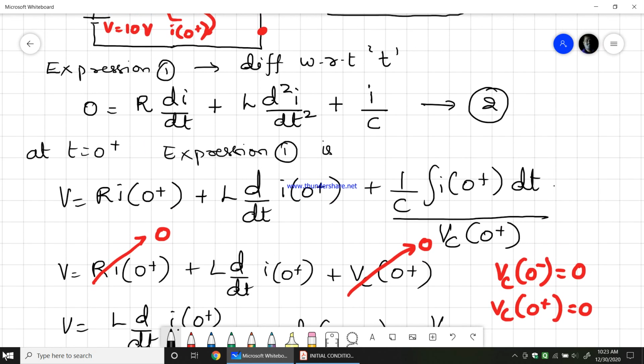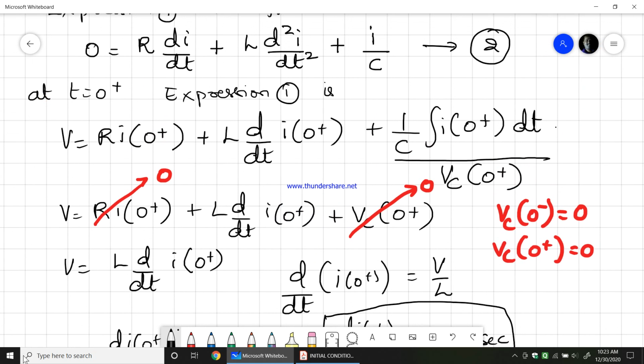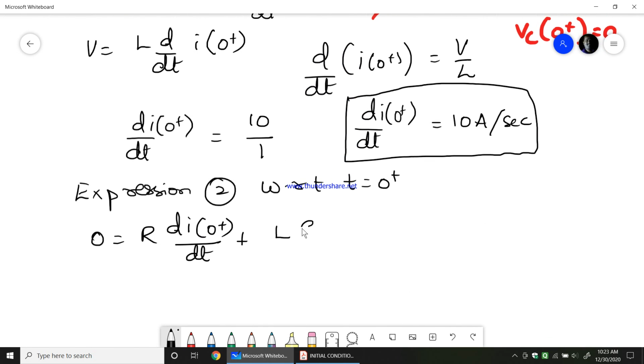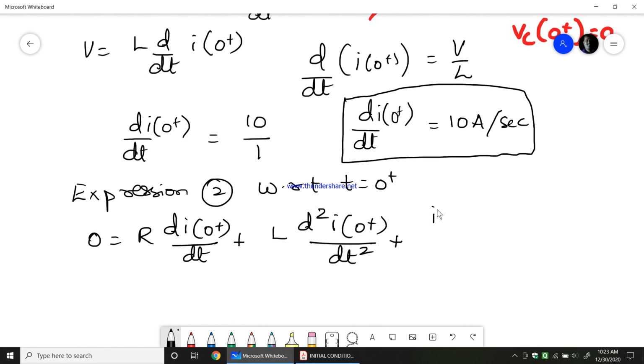Expression 2 at 0 plus: 0 equals R into dI(0+)/dt, plus L into d squared I(0+)/dt squared, plus I(0+) by C. This we get by differentiating expression 1 again with respect to time.